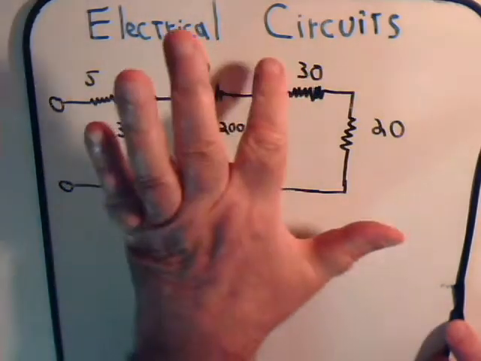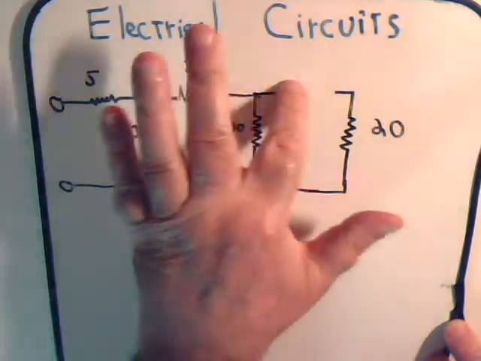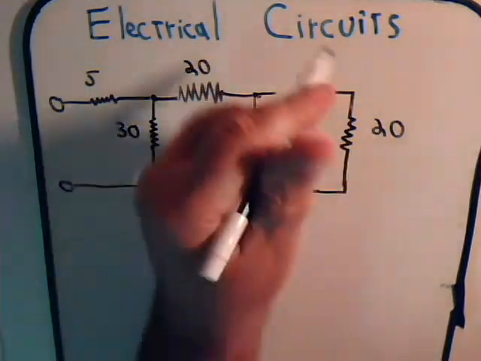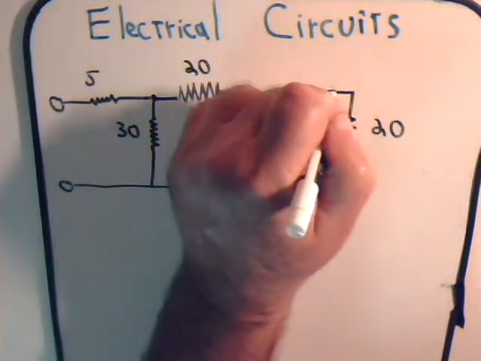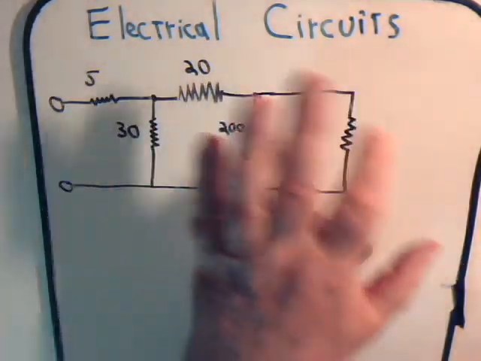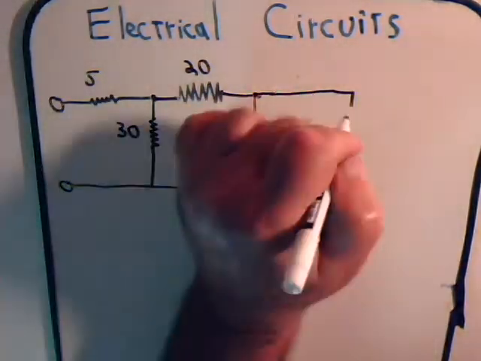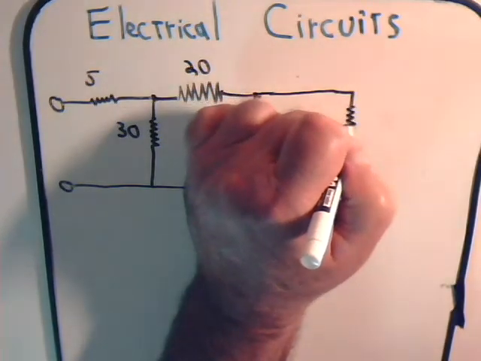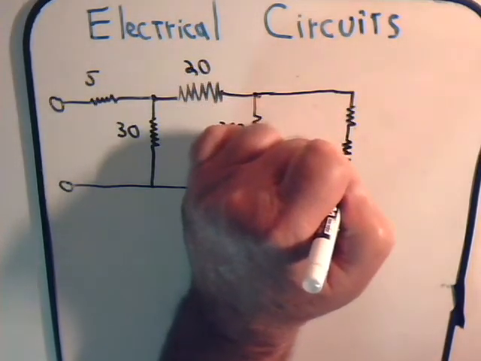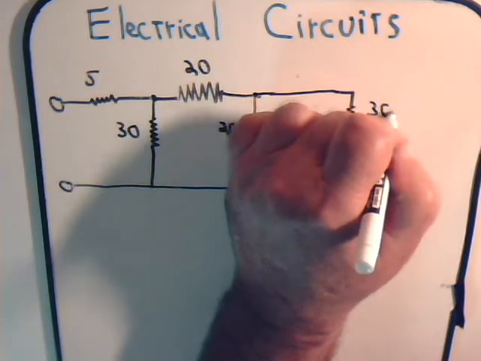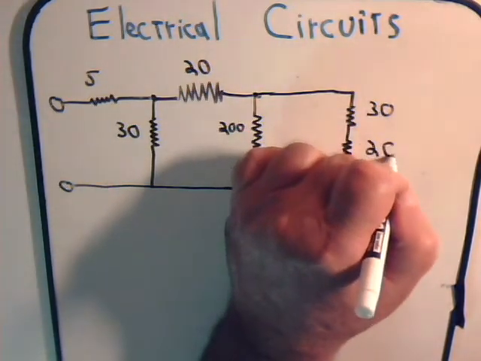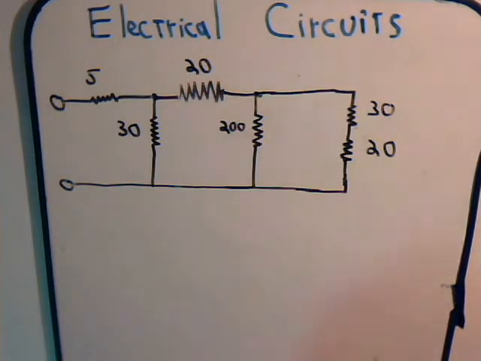So let's first of all draw them in series on a single line to make it more apparent. So here's the 30 ohm resistor, and here's the 20 ohm resistor, like this, but then clearly they just add up to give a single resistor with a value of 50 ohms.